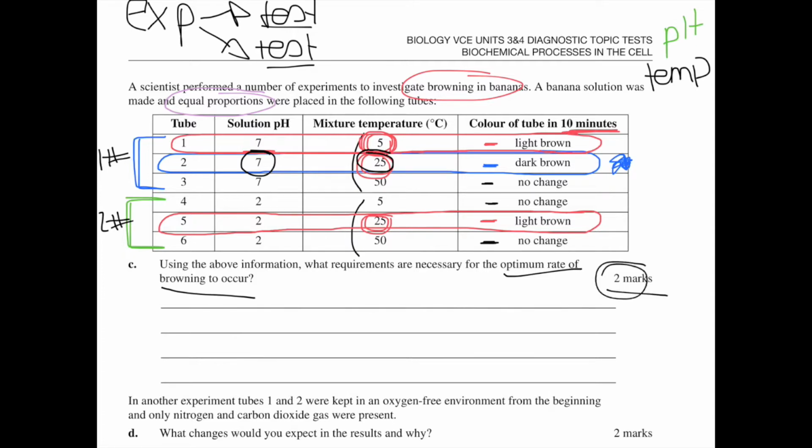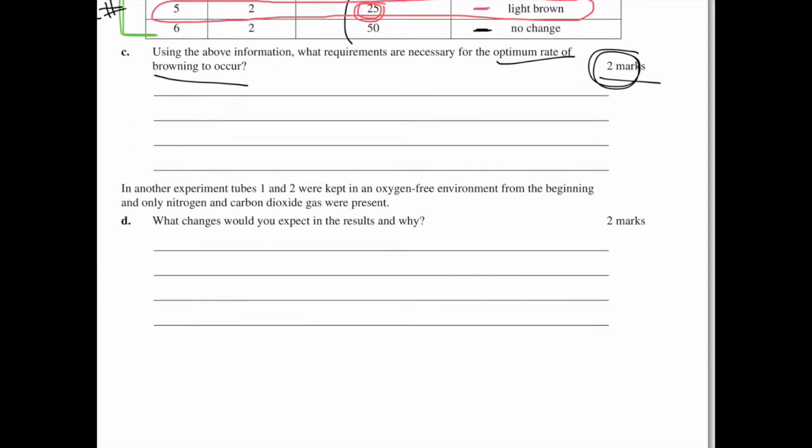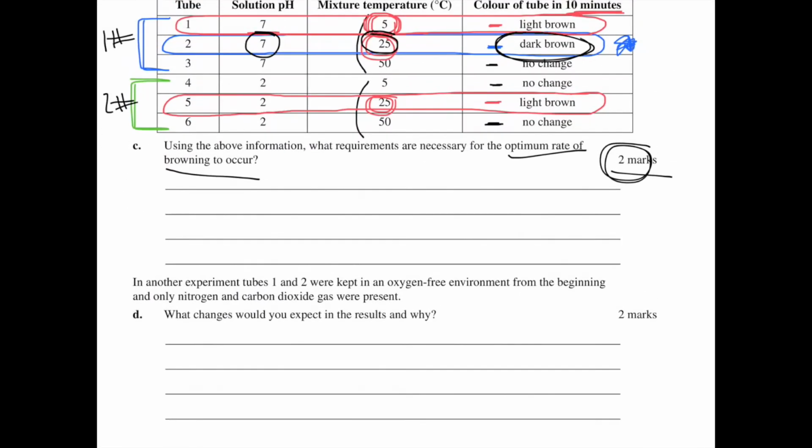Now, it's asking for 2 marks, so always talk about your results. So I would say that the optimal range of browning has occurred at a pH of 7 and a temperature of 25. We can see this because that has the more evident colour change. Okay, awesome. I think I should leave the results table there.